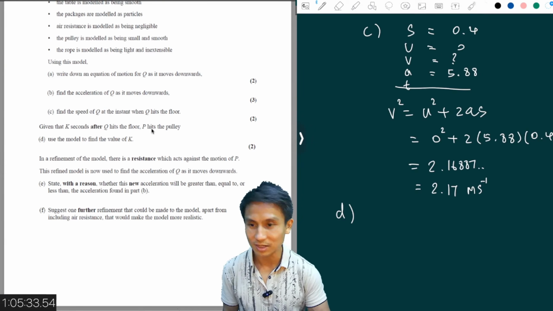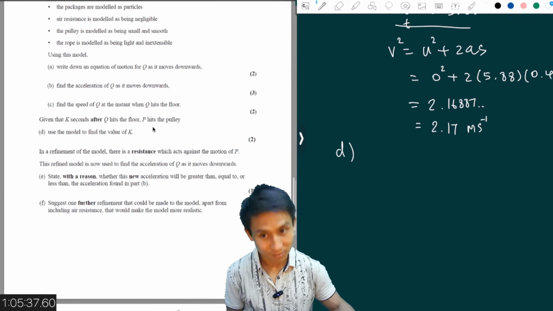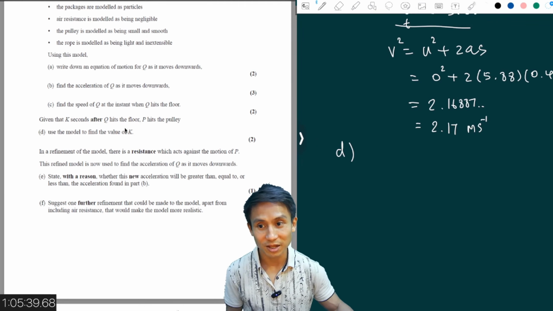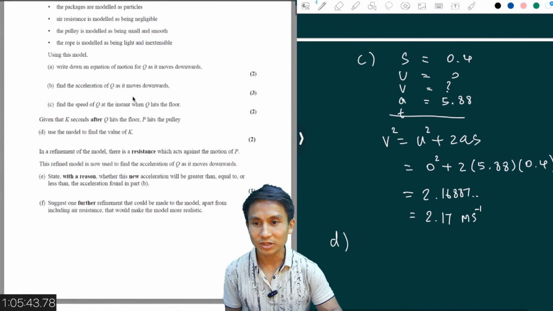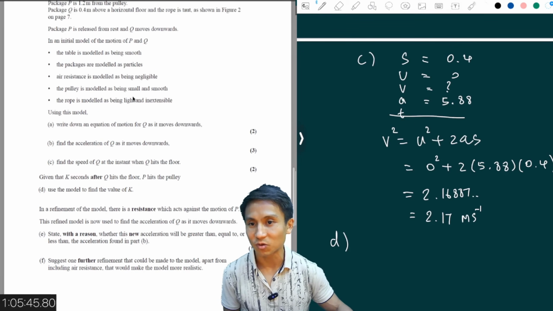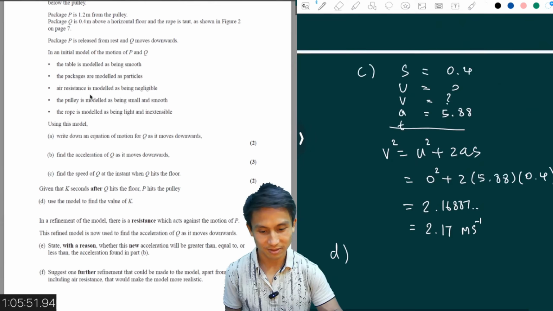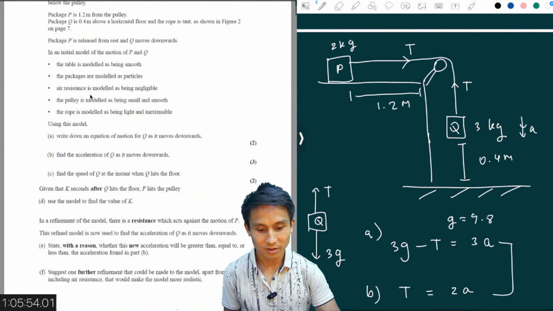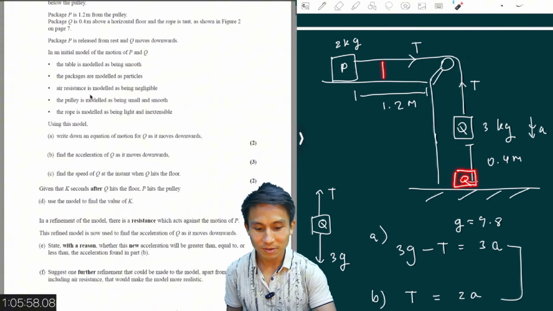Part C done. Part D: given that K seconds after Q hits the floor, P hits the pulley, use the model to find the value of K. So we assume that when Q hits the floor, they will be no longer connected. Which means when Q is here, P is around here.